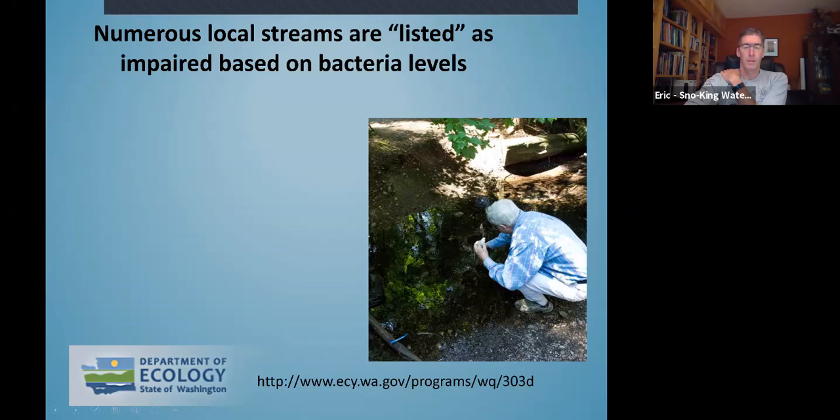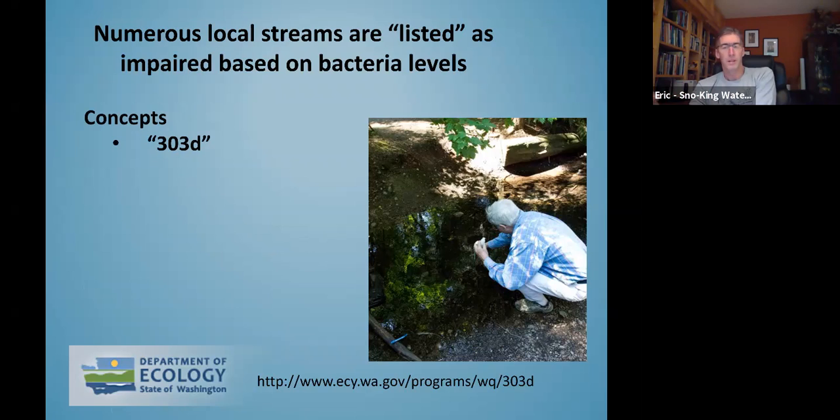We talked about a concept of what's called listing. A couple concepts here. One is what's called a 303D list. Section 303D is a section of the Federal Clean Water Act. Under that section, a creek or a water body can be identified as being impaired due to a specific pollutant. That could be bacteria, but it could also be low dissolved oxygen, or high temperature.